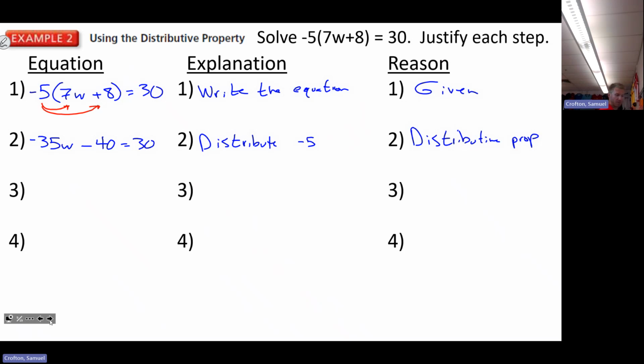And from here, it's going to look pretty similar to that first one, but let's go through it. Again, how do I want to solve it out? In this case, I'm going to add 40 on both sides. When I add 40 on both sides, I'm left with just -35W equals 70.